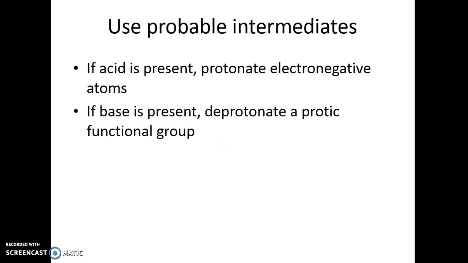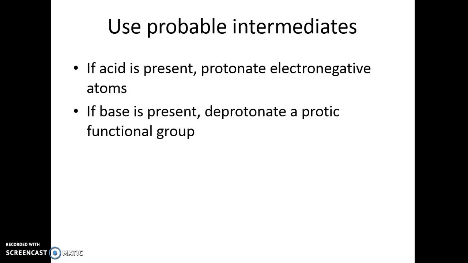But this is something very important, and I think you all forget this in writing mechanisms. If you have acid present in a reaction, the mechanism most likely is going to be where an electronegative atom like oxygen or nitrogen is protonated.